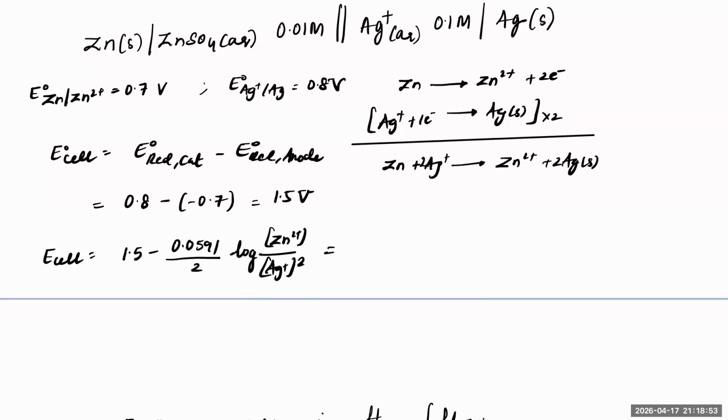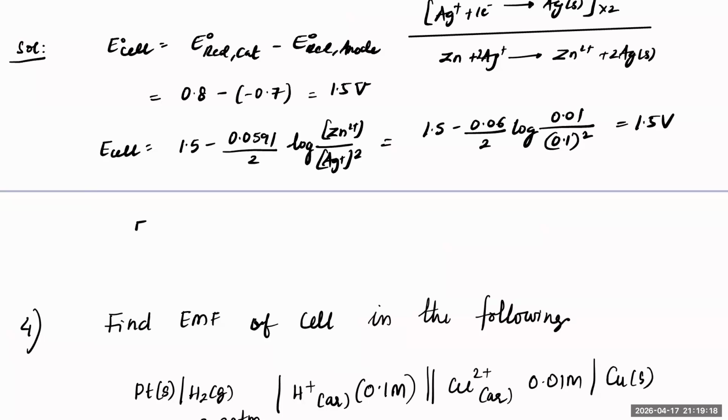So that implies 1.5 minus approximately 0.06 by 2 into log of Zn2+ concentration, given as 0.01, over Ag+ concentration, given as 0.1, whole square. So it is clearly shown that this factor will become 1. Log of 1 means 0. So that makes the value 1.5 volts only. Both E cell and E naught cell in this case come out to be 1.5 volts.